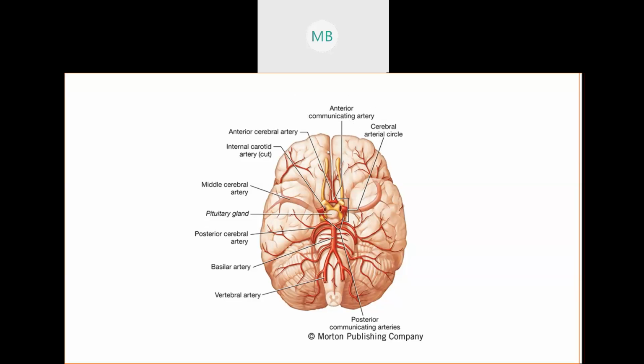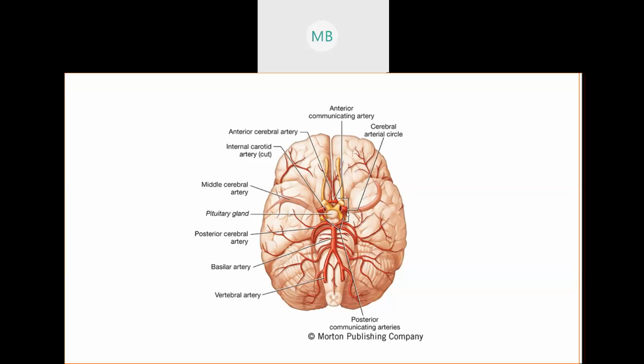So their face is up here, head and face pointing upwards. This is the back of their head back here. So these arteries at the beginning of the circle coming from the basilar artery are the posterior ones. So you have these two small arteries forming the circle here to create your posterior communicating arteries.